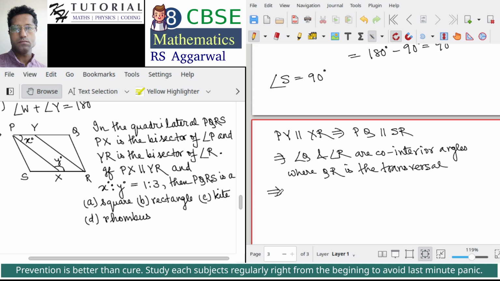So this implies that angle Q plus angle R must be equal to 180 degree. So we have found P is equal to 90 degree and also S is equal to 90 degree. So two angles of the quadrilateral are 90 degree each.